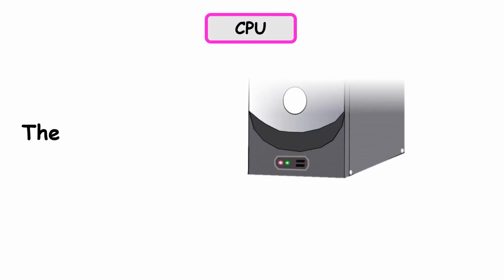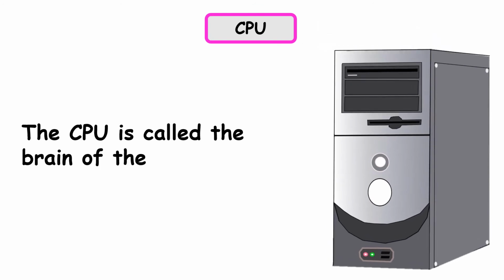Let us now study in detail about the Central Processing Unit, also called the CPU. The vertical or horizontal box that you see next to the monitor is known as the CPU box. This is because the CPU is fixed inside this box. The CPU box contains the CPU and many other parts that are needed to run a computer.